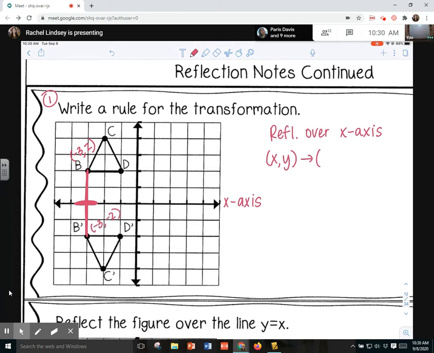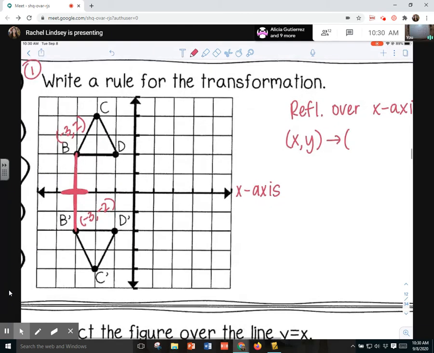So looking at that, did my x values change here? No, my x value didn't change. So I just write that as x still. But did my y values change? Yeah. How'd they change? Their signs are opposite. So we'll have opposite sign of y for that rule. But that is a known rule for all of those reflections over the x-axis.